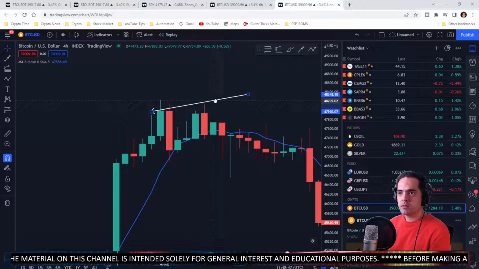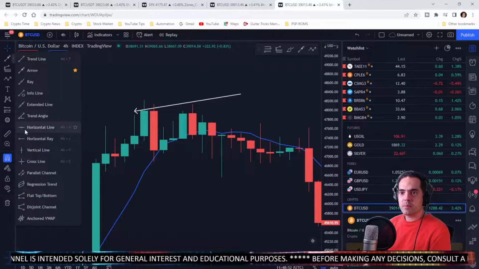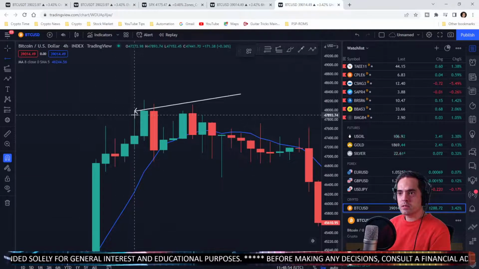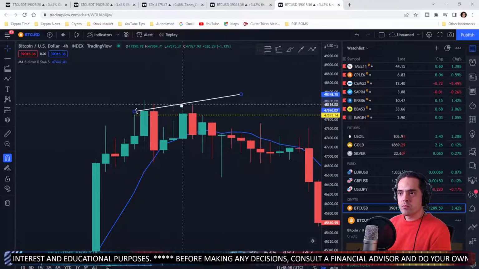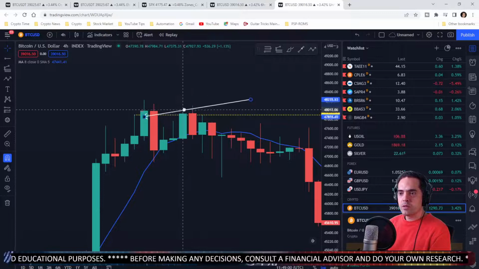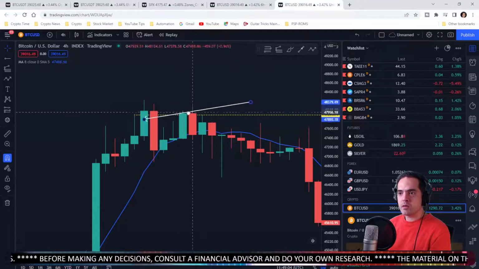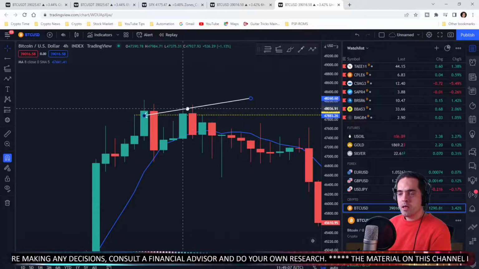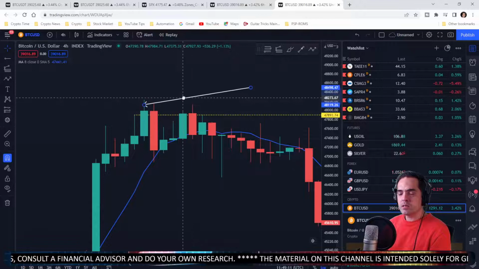This candle is our top, so let's mark that. So that's our top, and then the next candle is breaking through the previous top, so this big green candle right here. And then we have to spot if that is a trap or not.